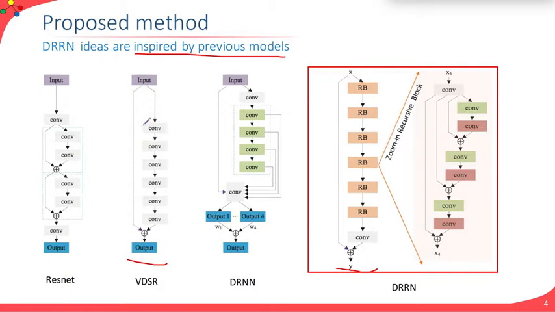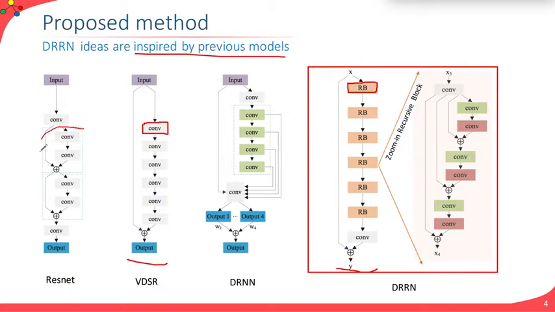But instead of using the convolutional layer, it uses a recursive block. And if we zoom in on the recursive block, we have this structure. Inside this structure, it uses skip connection and residual unit.